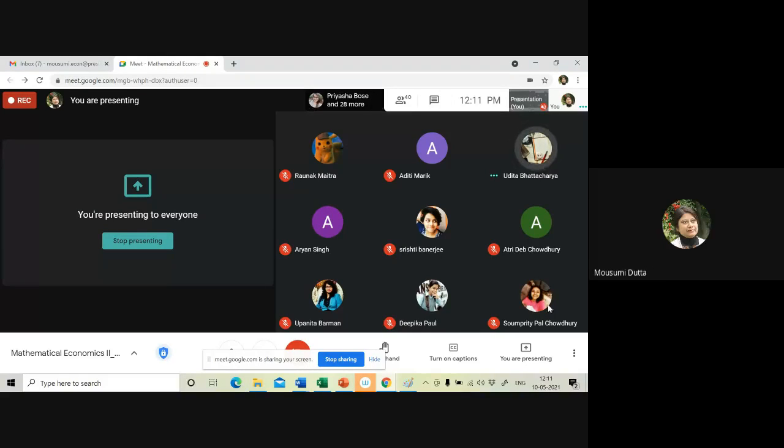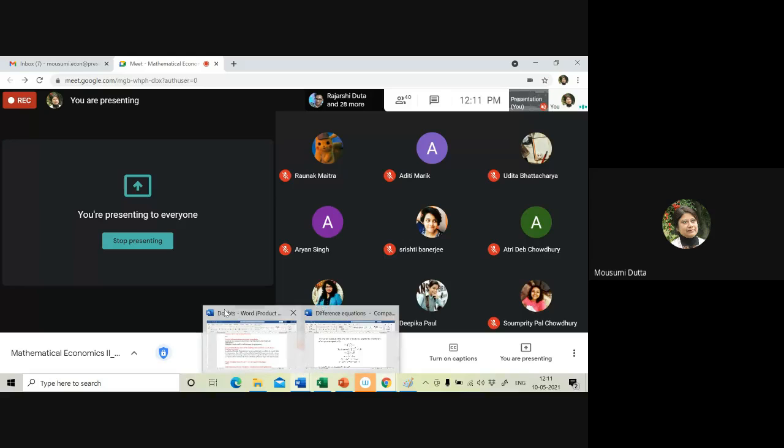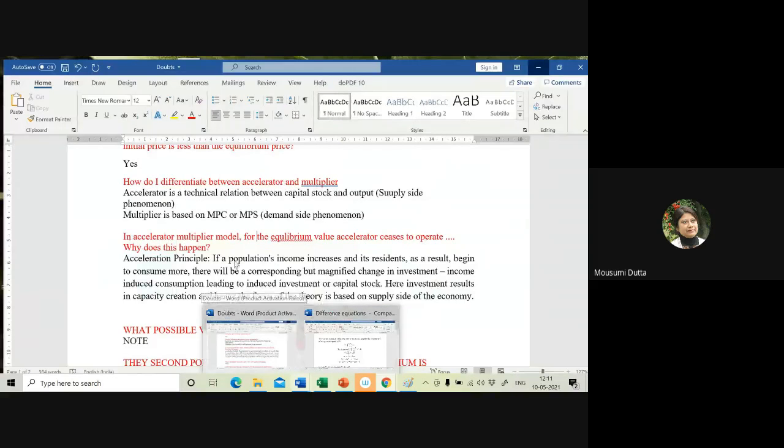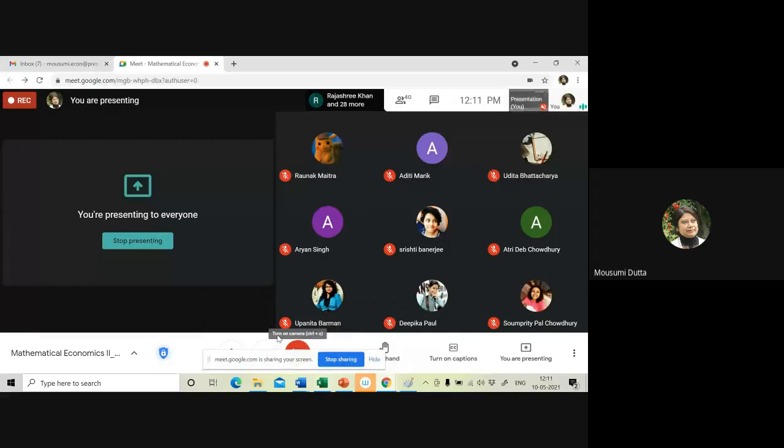Yes, ma'am. Okay, so we are not talking about change in the LM curve. I think you have some idea about the IS curve and the LM curve. So here we are typically talking about the shift of the IS curve, the investment savings equality curve, not any change in the LM curve.